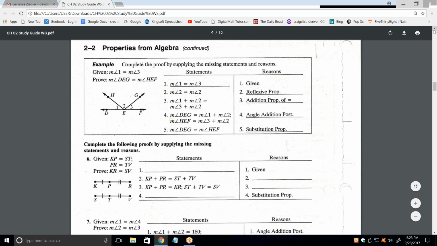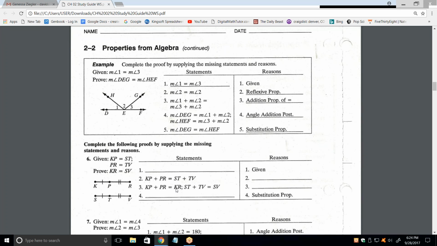Okay, and then KP plus PR is equal to KR. Why is that? Substitution? No, I think this is the segment addition property. Again, look at the lines over here. In other words, KP plus PR is equal to KR, right?